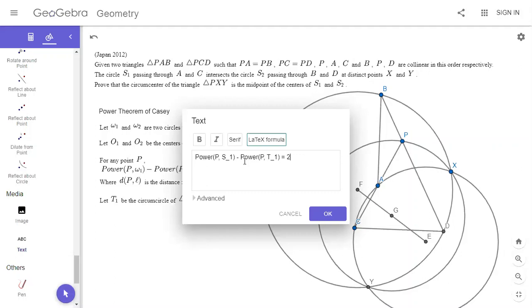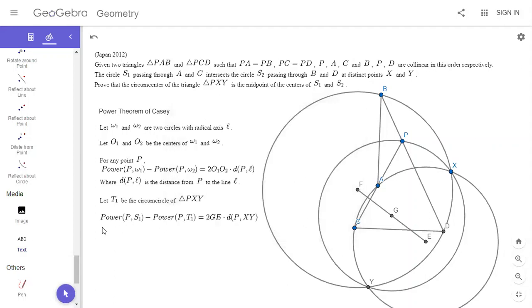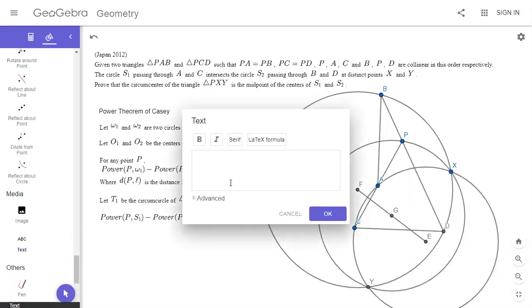So that's equal to 2 GE times the distance from P to XY. And so that means if we figure out what those powers are, that PA times PC is equal to 2 GE times the distance from P to XY.